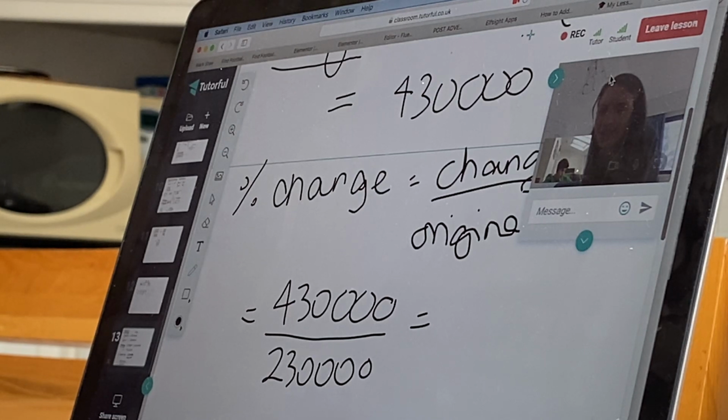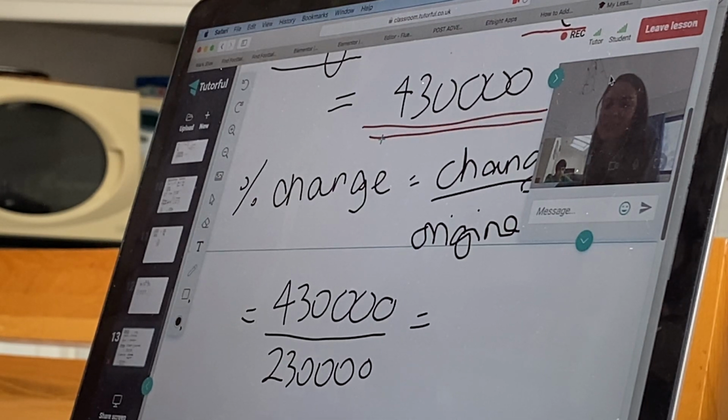Now we have minus in a row here. So we have 230,000 and we're finding the difference, or the change, between the original and the end value. The end value is negative, so 230,000 minus minus 200,000.